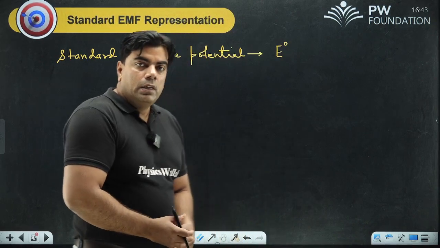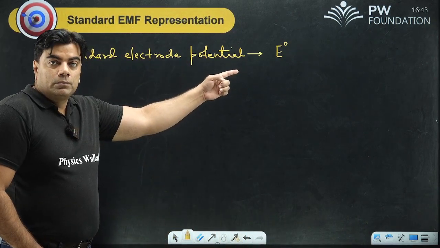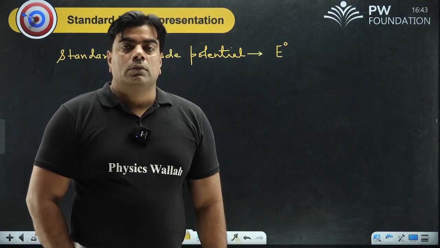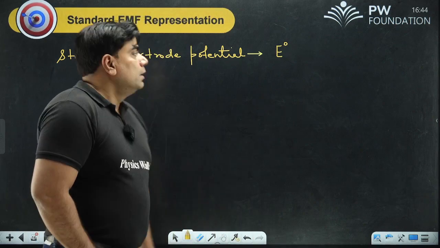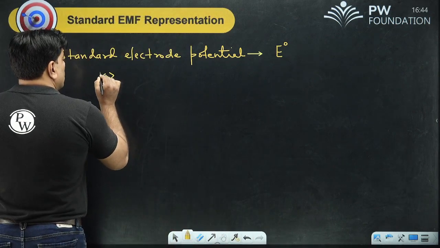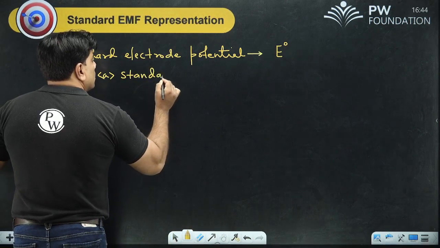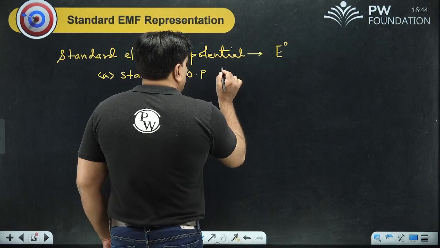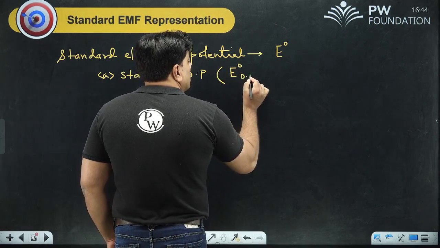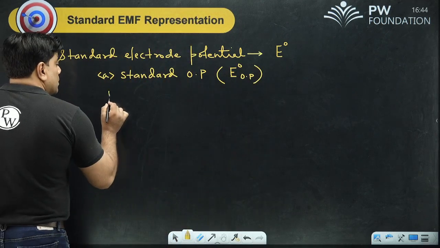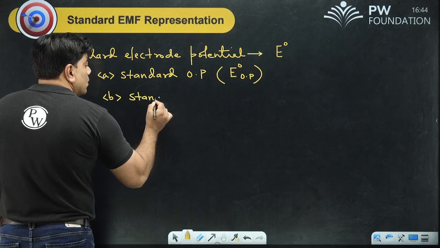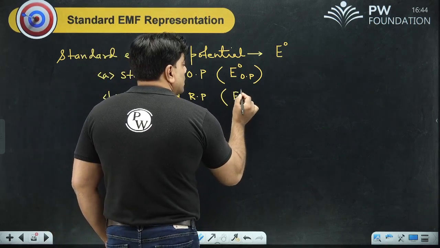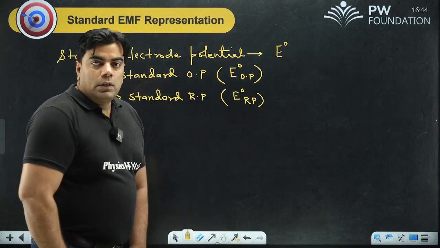Similarly, standard electrode potentials are again of two types: a standard oxidation potential, whose symbol is E naught OP, and a standard reduction potential, whose symbol is E naught RP.